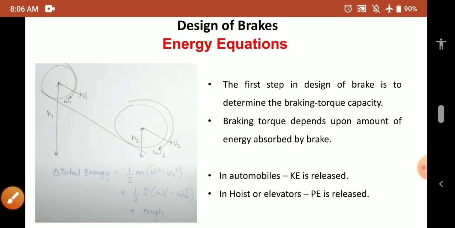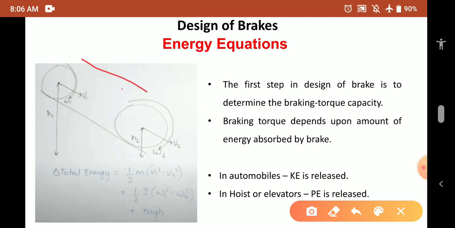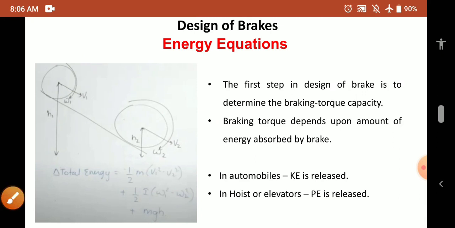When this object is moving from point 1 to point 2 and we apply the brake, the speed of the object will reduce. While reducing the speed, kinetic energy is released, and this kinetic energy released by the vehicle is absorbed by the brake.